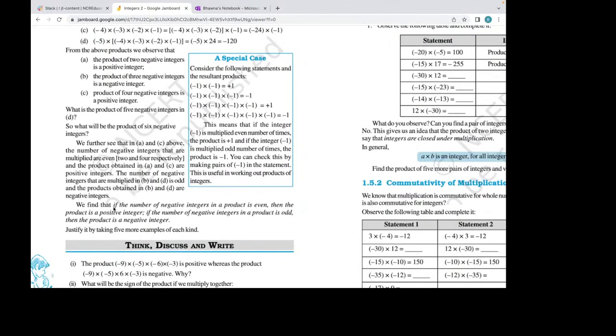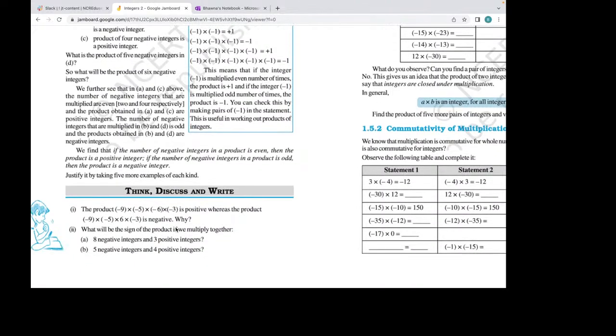This is useful in working out the products of integers. So we find that if the number of negative integers in a product is even, then the product is a positive integer, and if the number of negative integers in a product is odd, then the product is a negative integer.